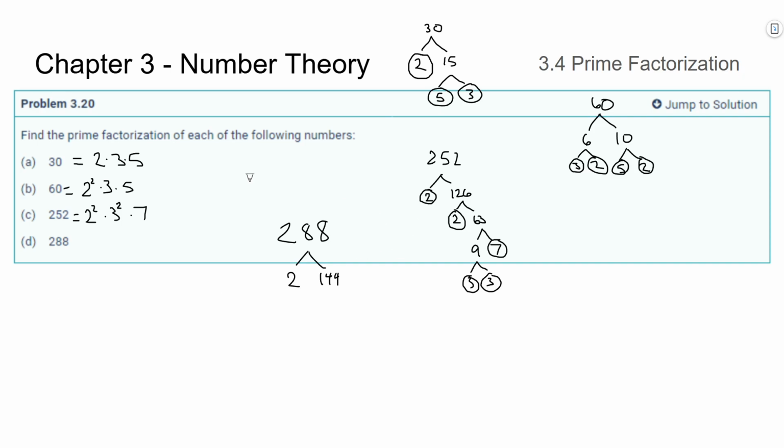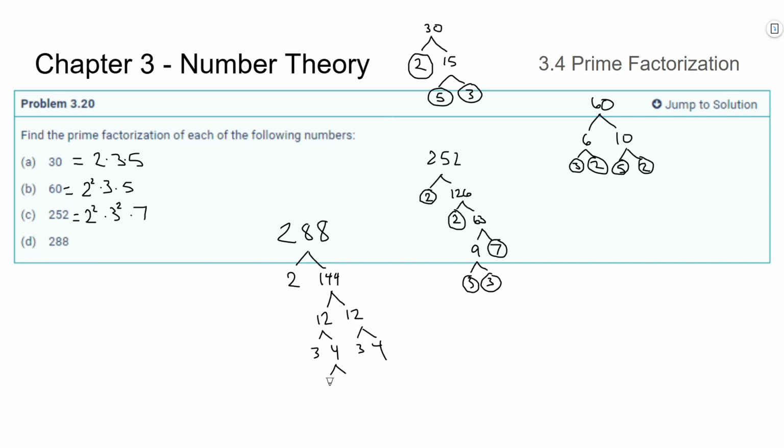72 times 4 would be another option here if you wanted to start with that. But anyway, 144, we know that is again even. So we could divide by 2, but 144, I recognize that as a perfect square. That's actually 12 times 12. All right, and then 12 could be broken down into 3 times 4, or 6 times 2.